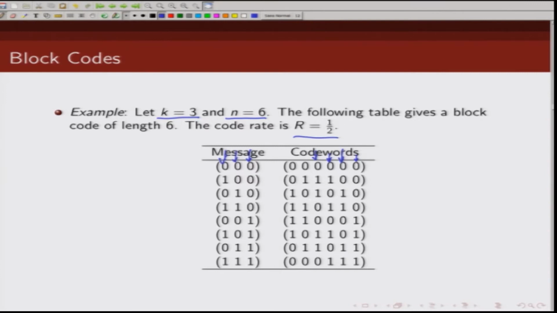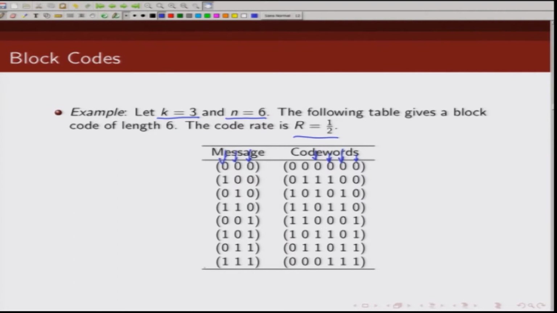So 0 plus 0 is 0, 0 plus 1 is 1, 1 plus 0 is 1, and 1 plus 1 is 0. It is modulo 2 addition. So 1 plus 1 is 0, this is 0 plus 0 is 0, 1 plus 0 is 1, 0 plus 1 is 1, and 1 plus 1 is 0.